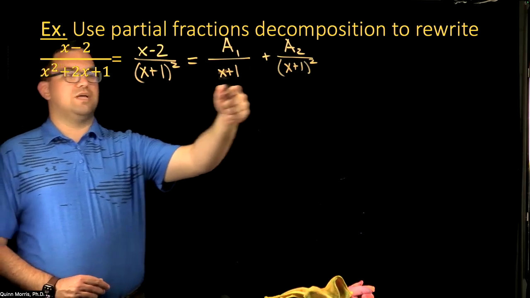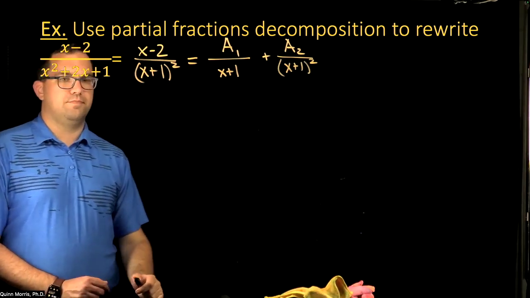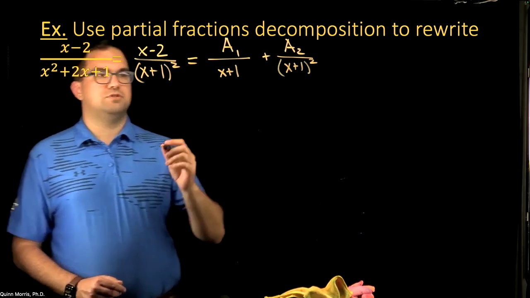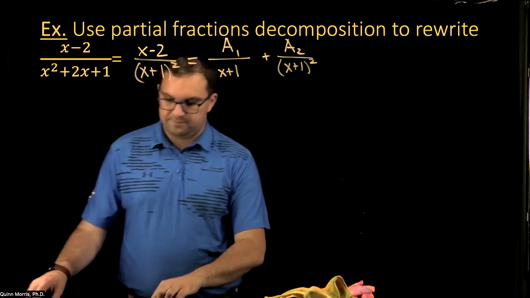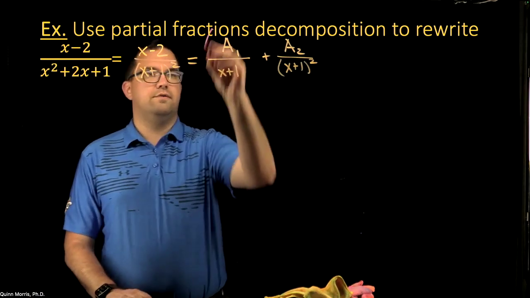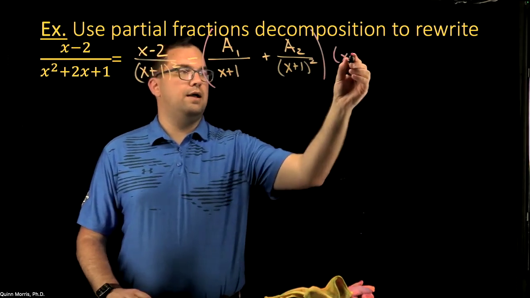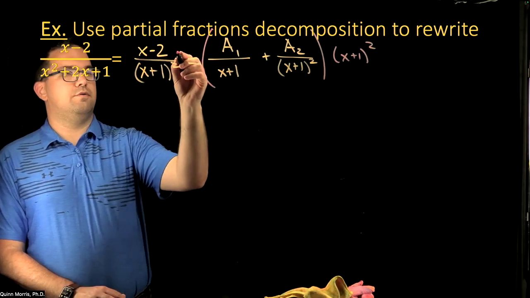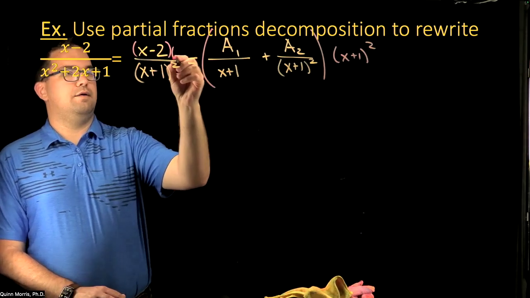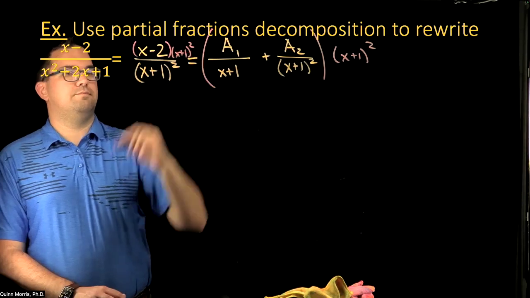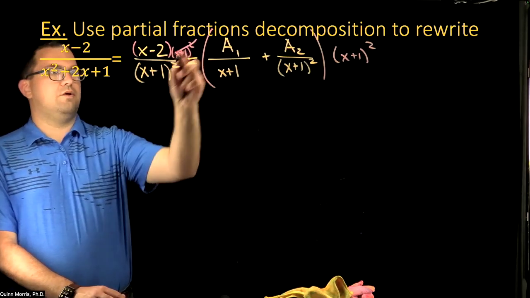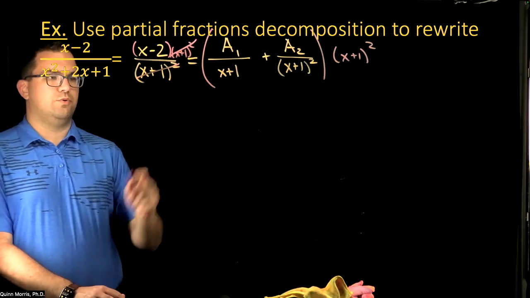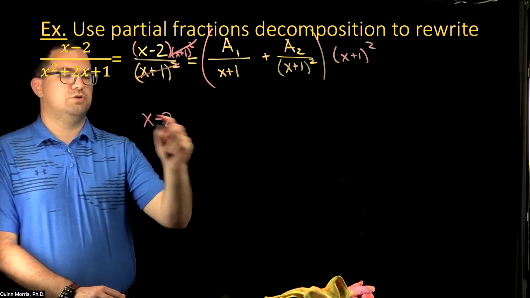So I'm going to multiply both sides by x plus 1 squared. So you'll actually immediately notice here, the x plus 1 squareds will cancel, and I'll get x minus 2.